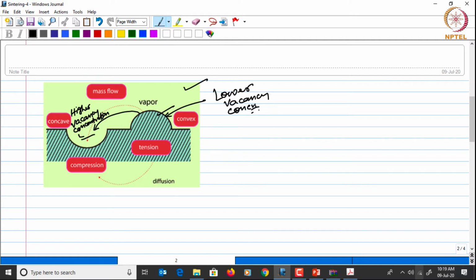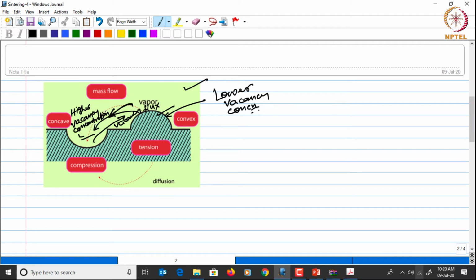As a result of that, the vacancy flux will be from the concave to the convex region, and as a result of that, the atoms will flow in the opposite direction as we talked about. So this will be the mass flow direction as we discussed. With that kind of mass flow, it will help the densification process which occurs during sintering.